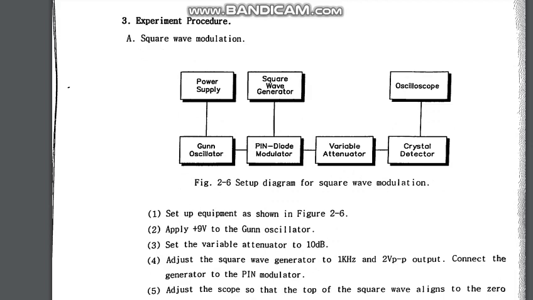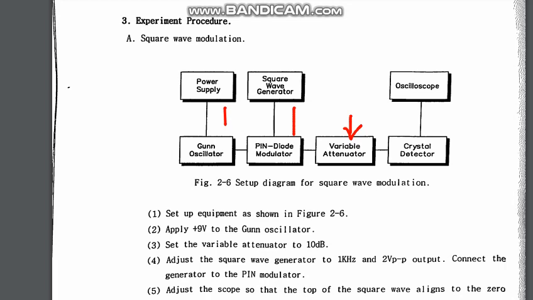First of all we have to connect the power supply with the Gunn oscillator, and then a square wave generator to the PIN diode modulator, and both blocks, the Gunn oscillator and the PIN diode modulator, will have to be connected. Then we will connect the variable attenuator to calculate the impedance and also how much attenuation has taken place.